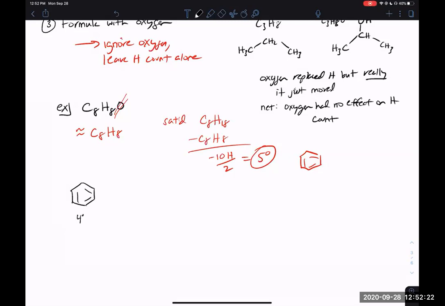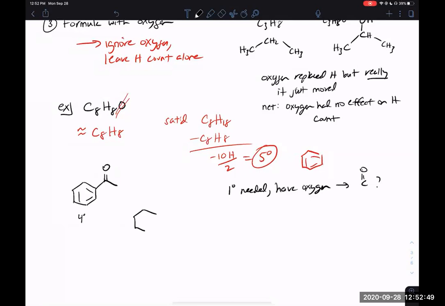If I need 1 more degree and I have an oxygen, my first thought is a C double bond O. Probably a ketone or something in there. So it could be, this is 6 carbons, 7, 8. It could be that.